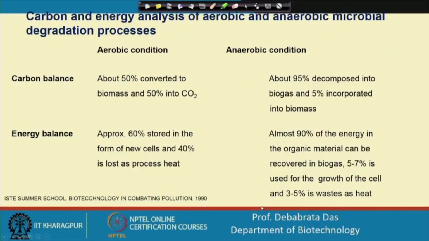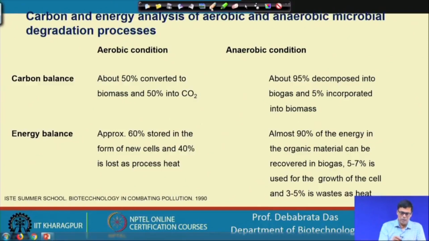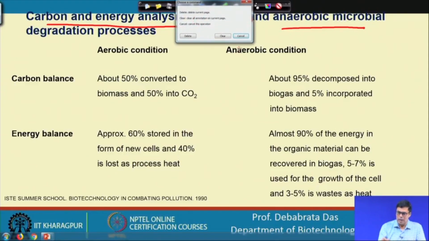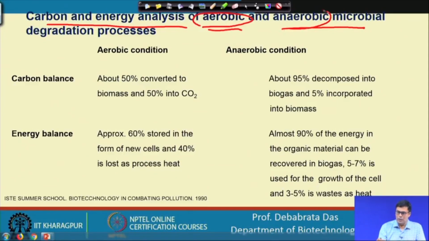Today I am going to share how this process is in operation in the industry. First, I want to give you information on the carbon and energy analysis of the aerobic and anaerobic processes, because we have two types of processes: the aerobic digestion process and the anaerobic microbial degradation process.